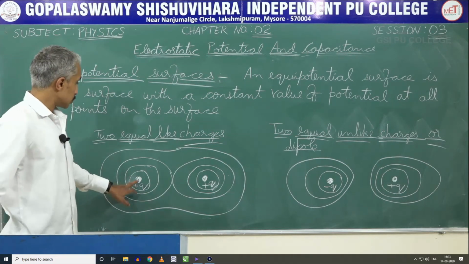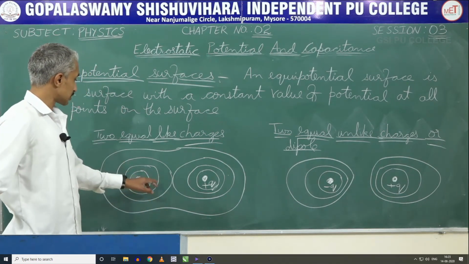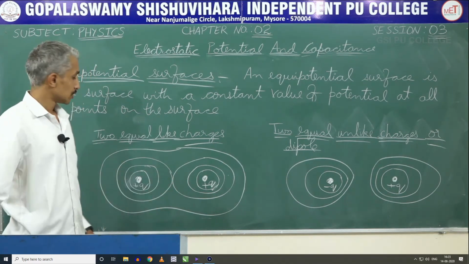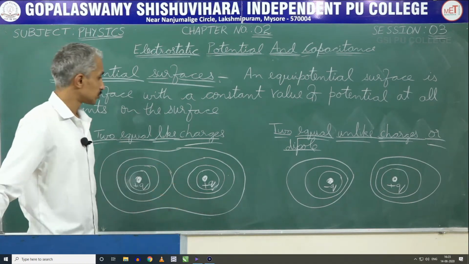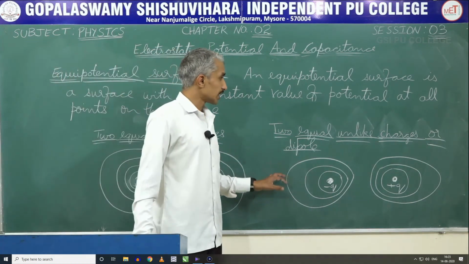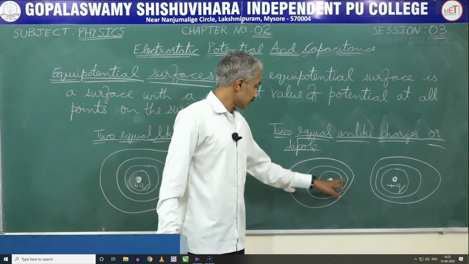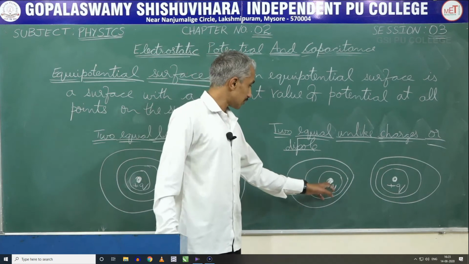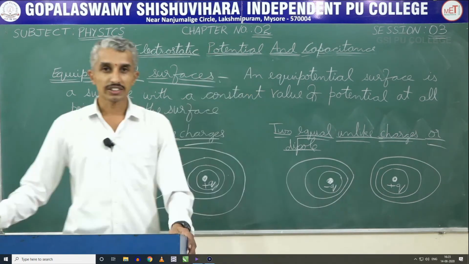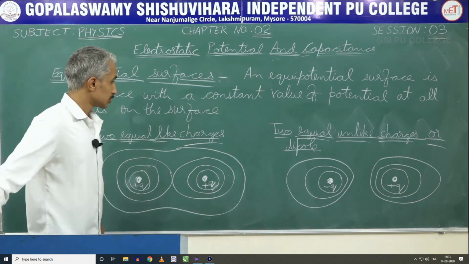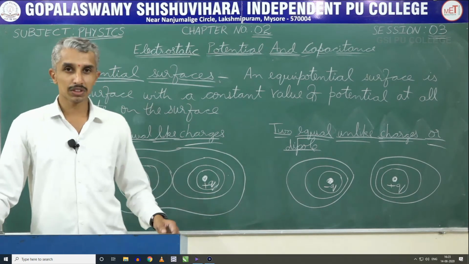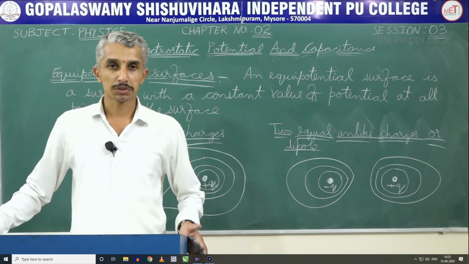As you move towards each other, the equipotential surfaces near each other. They bulge inwards. In case of two unlike charges or in case of a dipole, the equipotential surfaces bulge outwards. As you move away from the charges, they extend outwards. This is how you need to draw. You can see them in your NCERT textbooks.